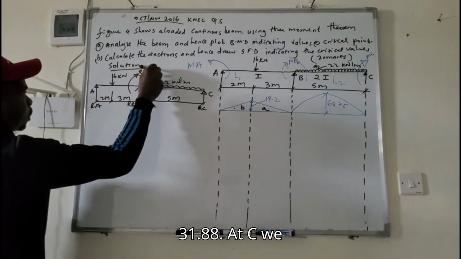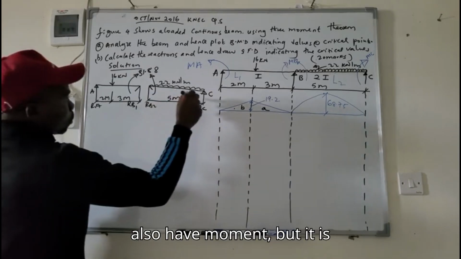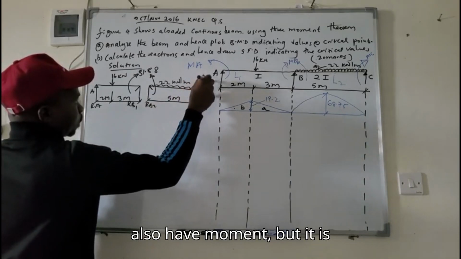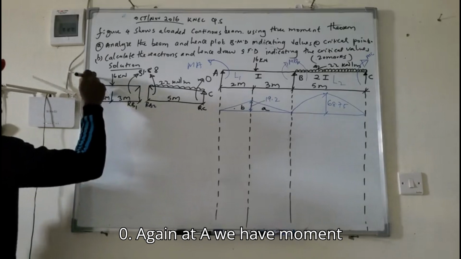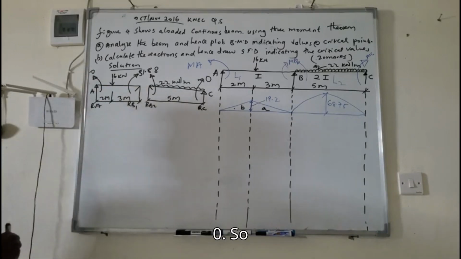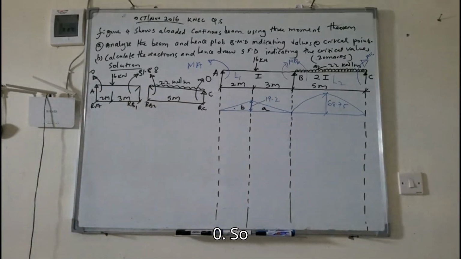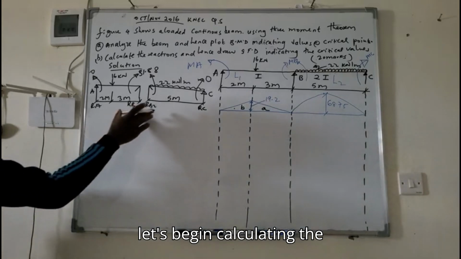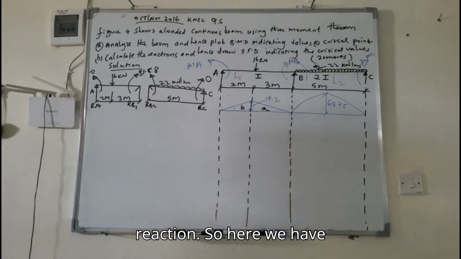At C, we also have a moment, but it is 0. Again, at A, we have moment 0. So let's begin calculating the reaction.